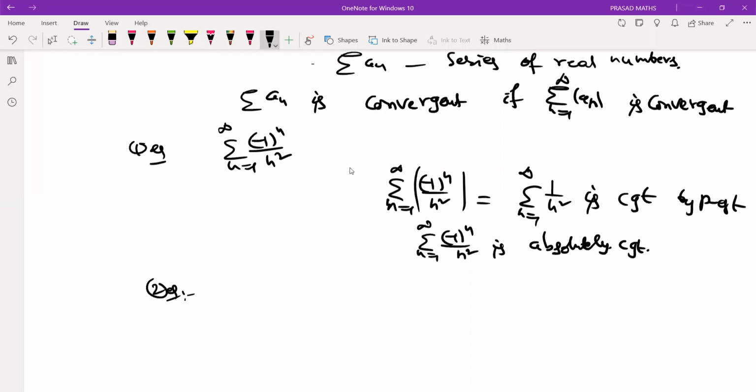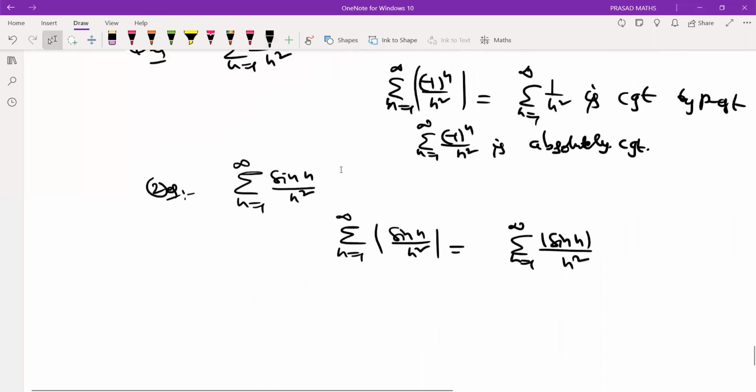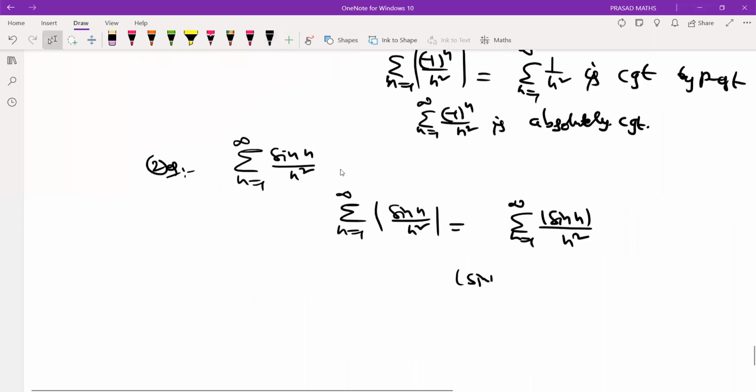Suppose you take this second example, sin n by n square. Is it absolutely convergent? Take the modulus. What is this exactly? Summation n equals 1 to infinity mod sin n by n square. Is it convergent or not? Clearly it is convergent by comparison test. This is non-negative because mod is there, and this is true for every n.